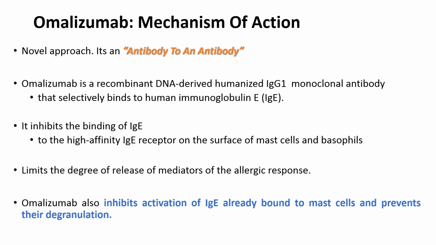So what it does is inhibit the binding of IgE to the IgE receptors on the surface of mast cells and basophils. So it actually inhibits the release of mediators of the allergic response.